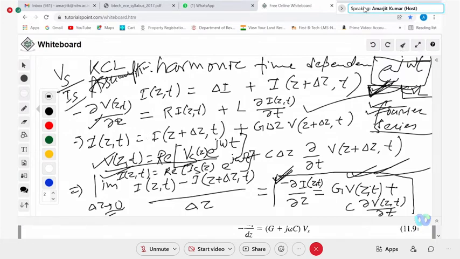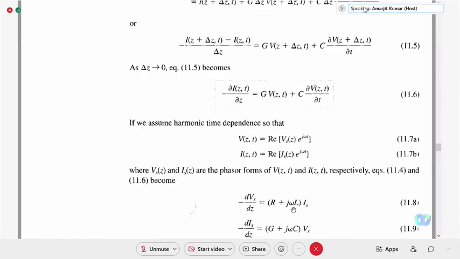Minus dV_s upon dz is equal to R I_s plus j omega L I_s. So R plus j omega L into I_s is equal to minus dV_s by dz.